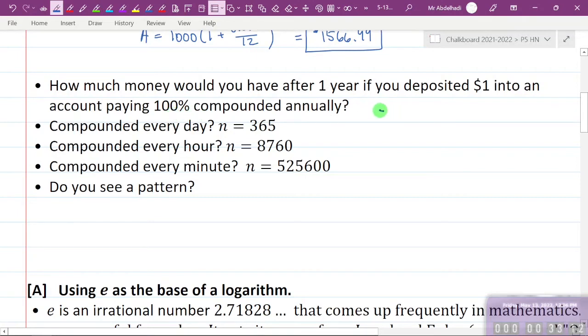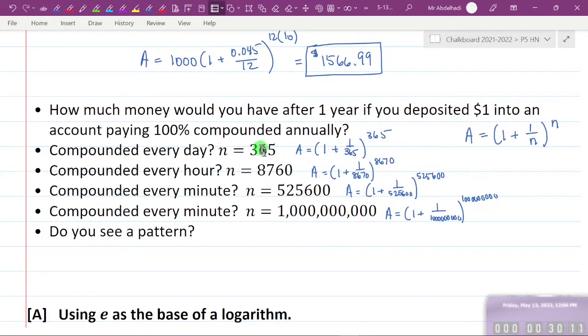So your formula is now A equals, your P is 1 so you don't need the P, 1 plus R over N. Well, R is 1 because it's 100%. Over N, where N is going to be different for each one of these, to the power of NT. And T is 1 year, so really it's just N. So use this formula and plug in these N's and see what you get.